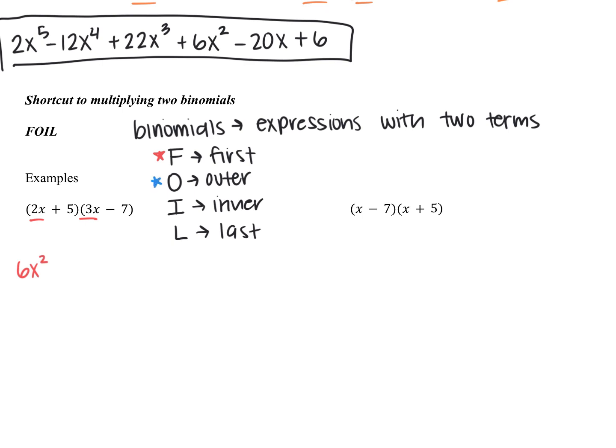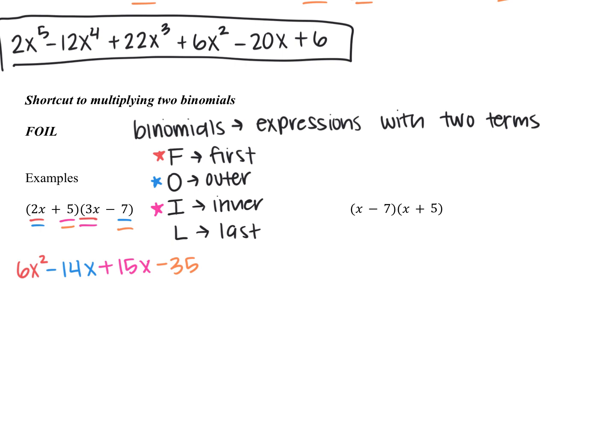Outer is my two numbers on the outside of each parentheses, which is 2x and negative 7, which is going to give me negative 14x. Inner means the two terms that are closest to each other, which is 5 and 3x, which is going to give me 15x. And then last is the last terms in your parentheses, which is 5 and negative 7, which is negative 35.